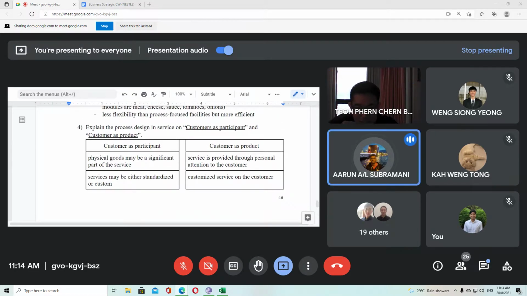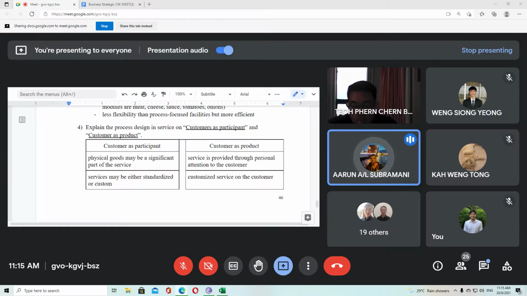Okay, so I will explain number 4. The question is asking about explain the process design in service on customer as participant and customer as product. For the first, customer as participant, physical goods may be significant part of the service, while for the customer as product, the service is provided through personal attention to the customer.